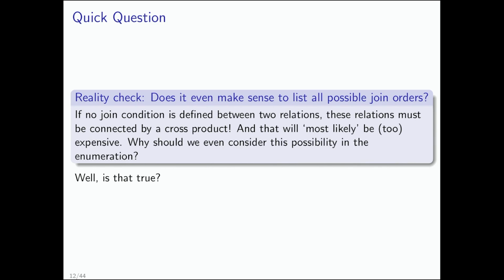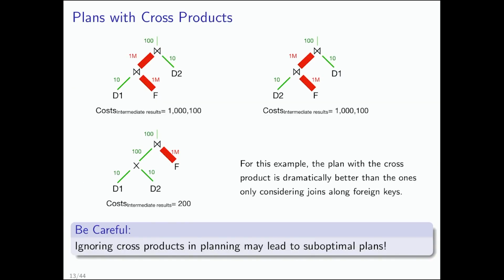It's also very hard to see, but how do I start? Let's look at a couple of plans, and here I'm counting the number of intermediate results. Let's look at this plan first. This has 2 joins, this has 2 joins, this is 1 cross product and a join.